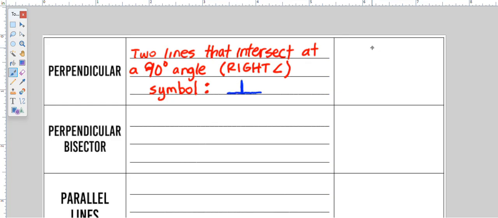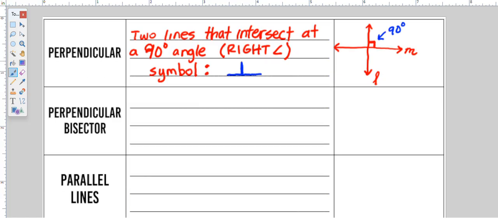So I could say that we have line L. And then we have passing through it, not necessarily at the center, it doesn't have to be at the center, but passing through it at a right angle. That's how we label right angles if you weren't aware, is line M. So this is an example of perpendicular lines. They are intersecting at a 90-degree angle.